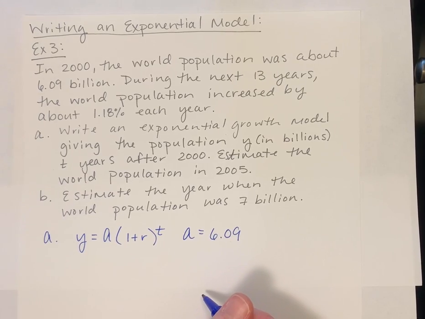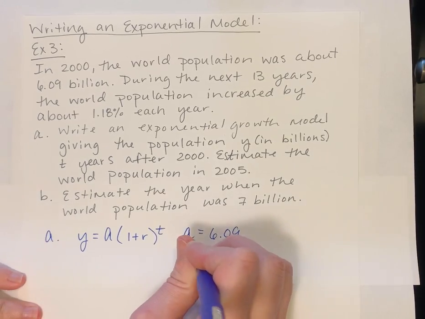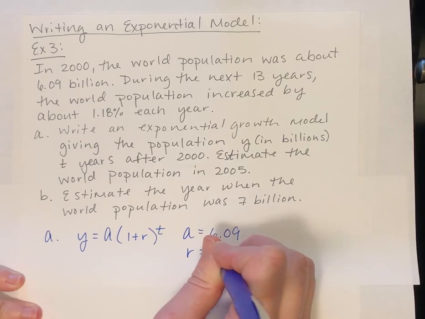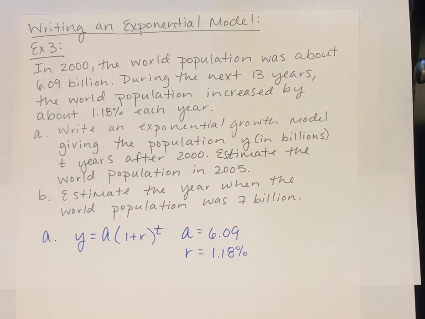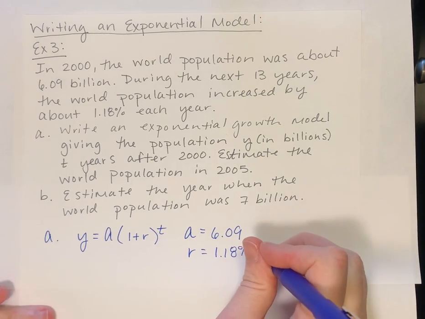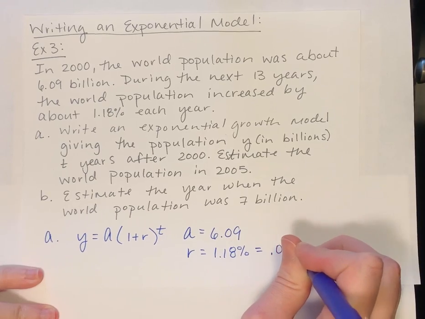And then we also are given this percent increase each year. So that's going to be our r. But r, remember, we don't want it written as a percent, so we have to change it to a decimal. So it's going to be 0.0118.